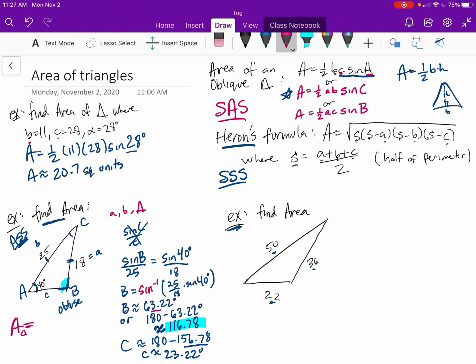Area is 1/2 a times b, 18 times 25 times sine of 23.22 degrees. And that is all in a calculator, and you get about 88.7-ish square units. Okay, since we're doing area. Cool.